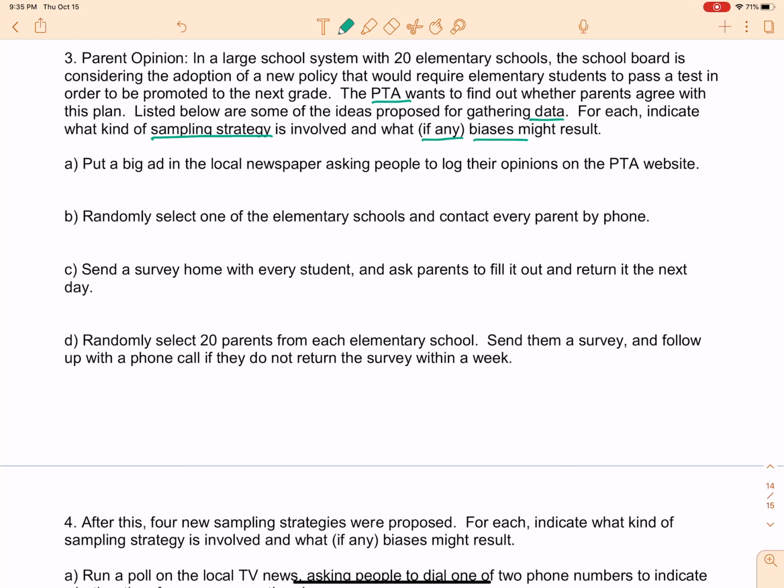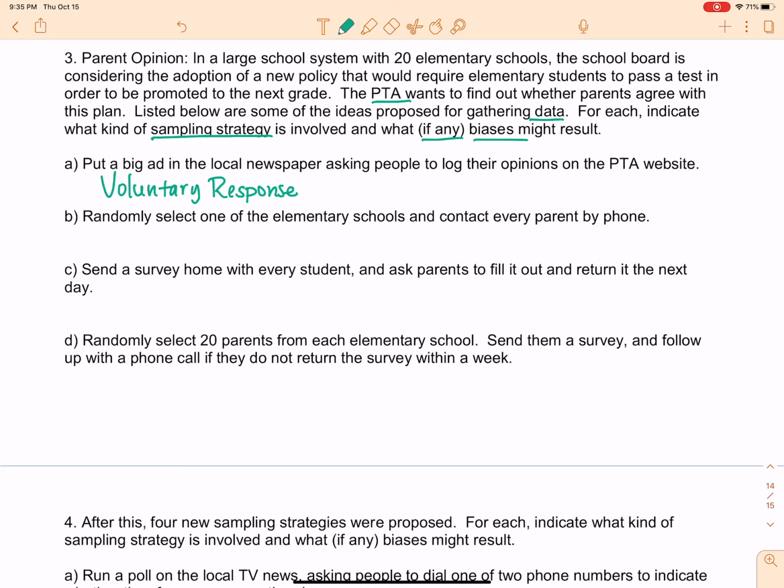All right, so they put a big ad in the local newspaper asking people to log their opinions on the PTA website. Well, this is a voluntary response situation, because they're just asking for volunteers to come forward.